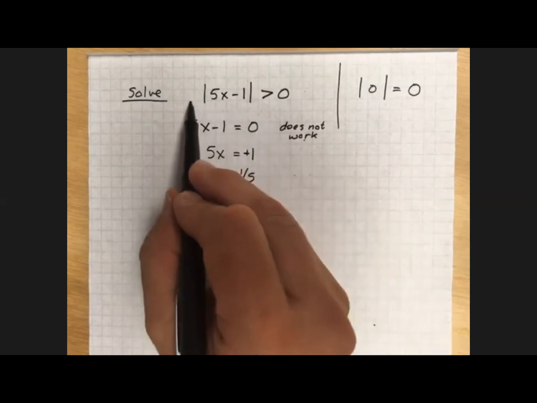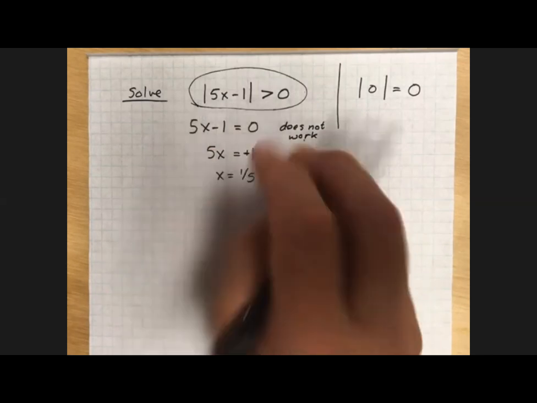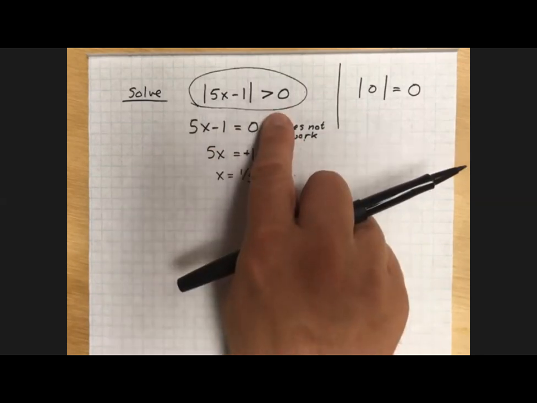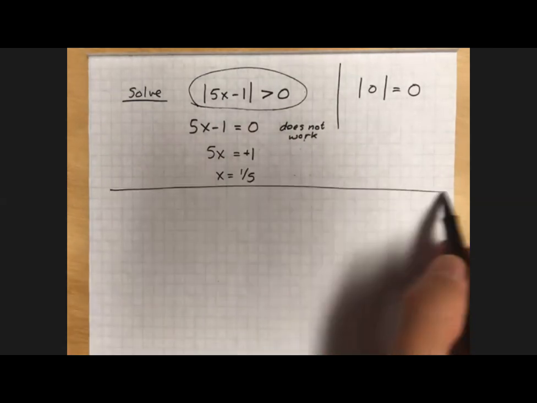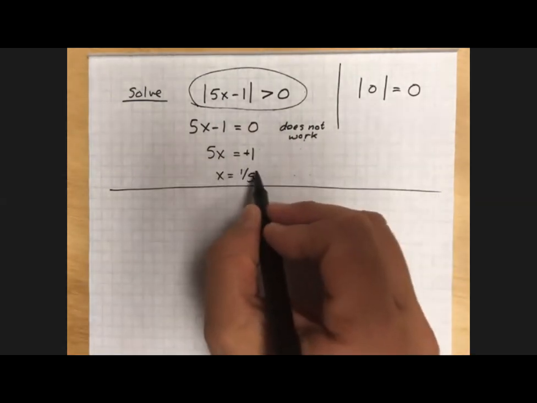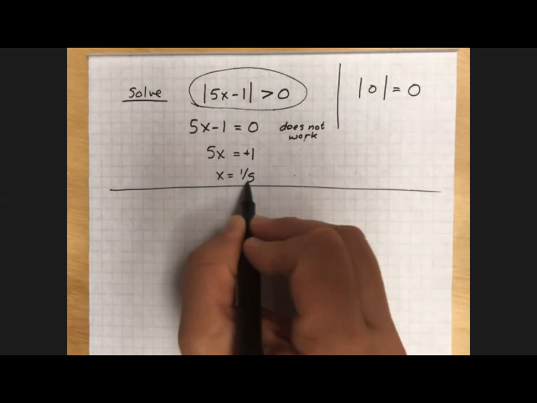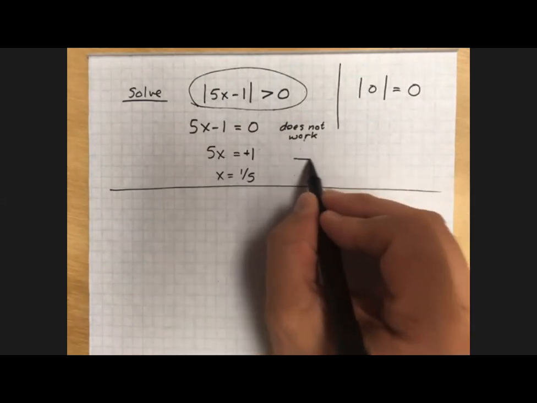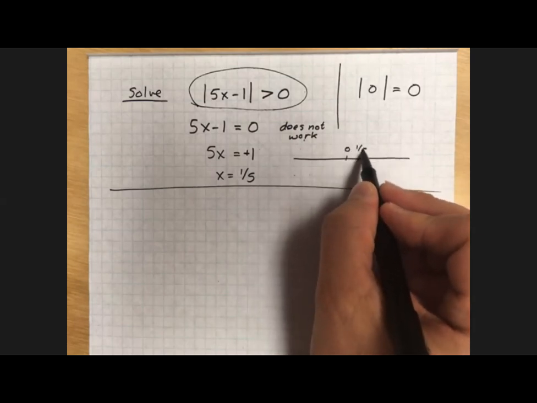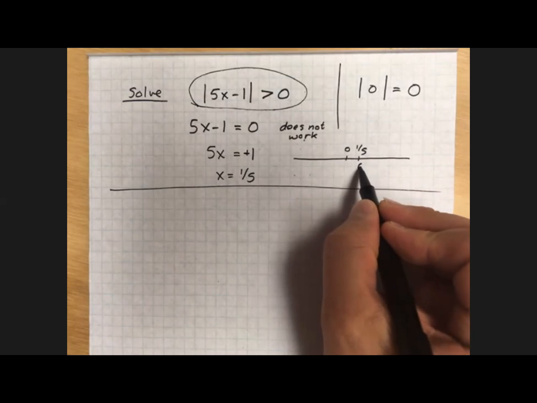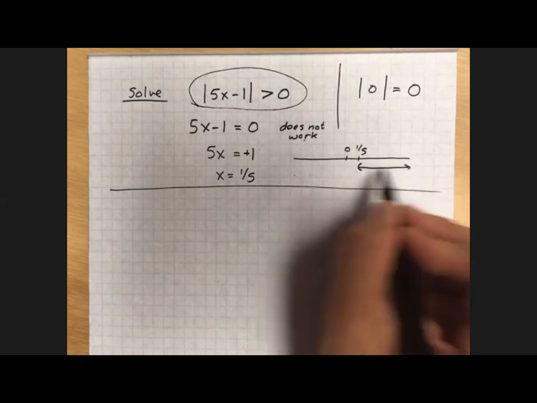So I want you to be careful when you just read these. Before you go apply the rule, you say, what is this telling me? What does this mean? I'm going to do one more problem, not where I'm trying to trick you, but this is really interesting. How do I say everything works except 1/5? I could say, start at 1/5, don't include 1/5 and go all the way out.